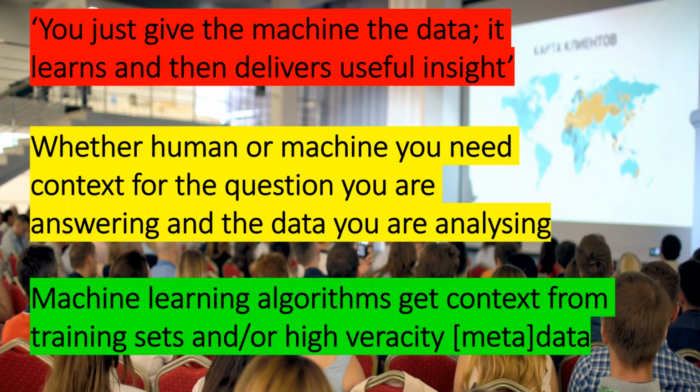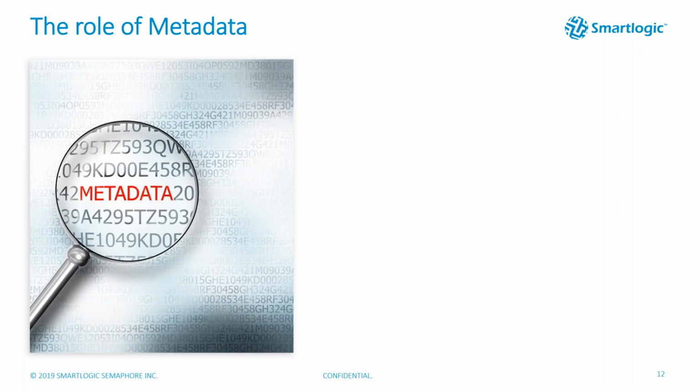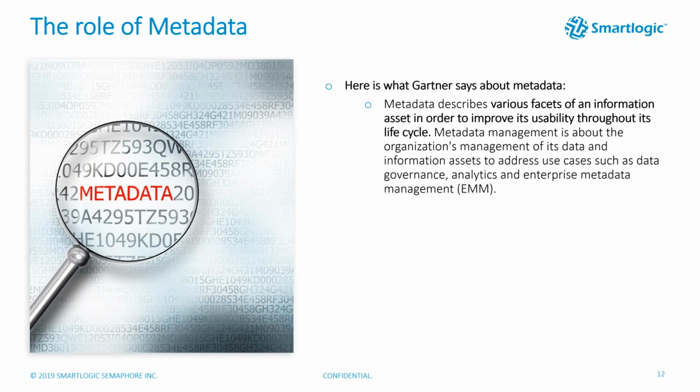Now, metadata is interesting stuff. Most of us think of it as technical: the date that the file was uploaded to the content management system, maybe the security marker. But actually, metadata in its widest form is the various facets of an information asset in order to improve its usability through its life cycle.